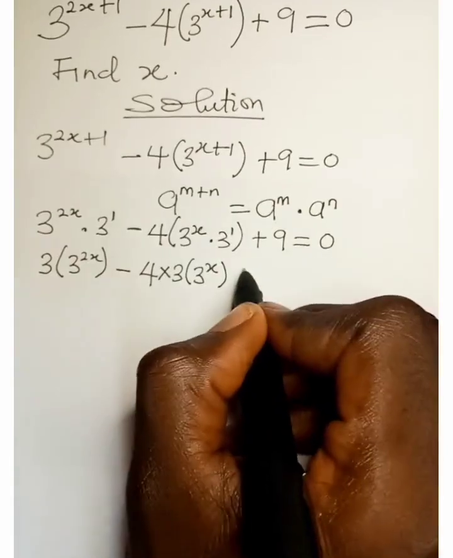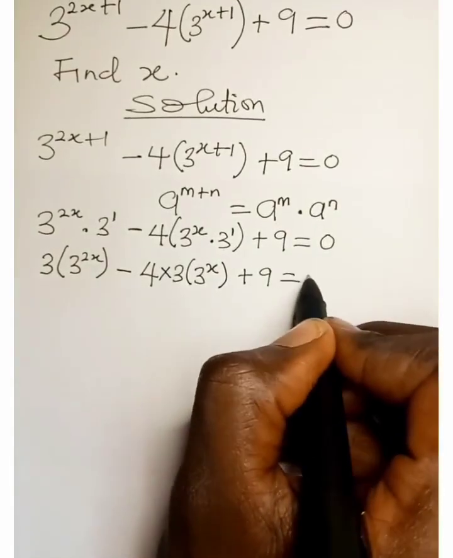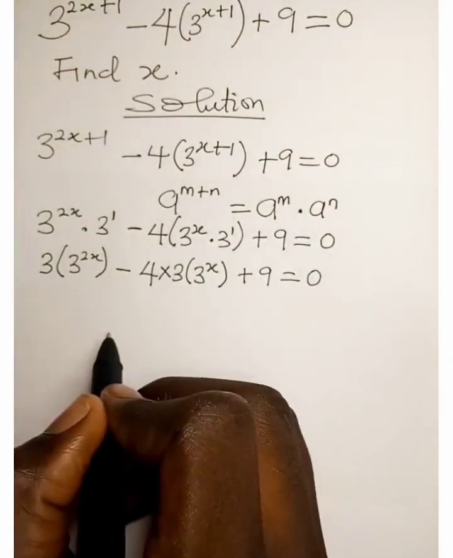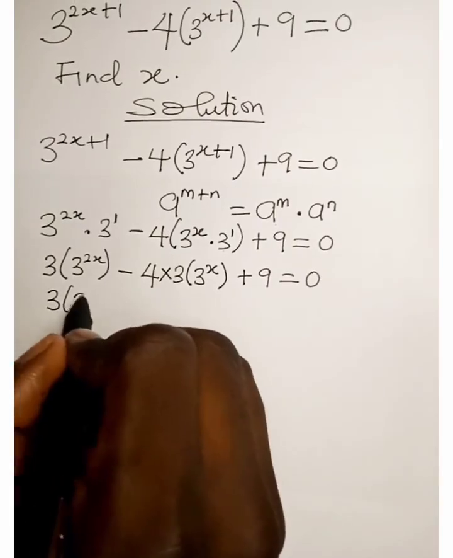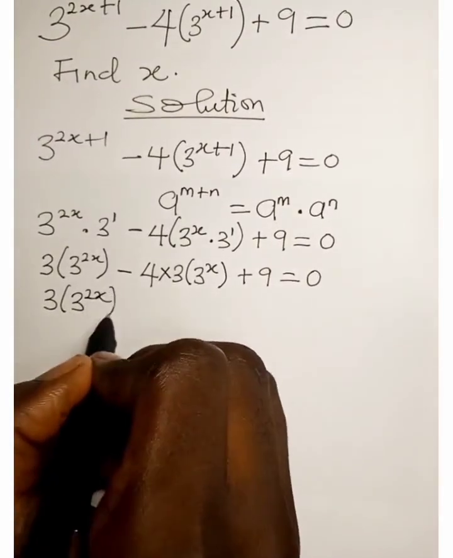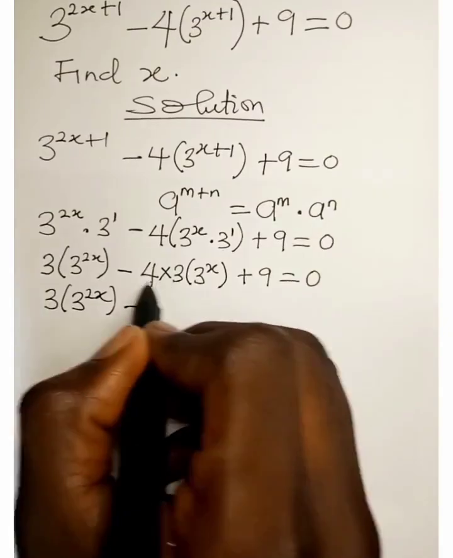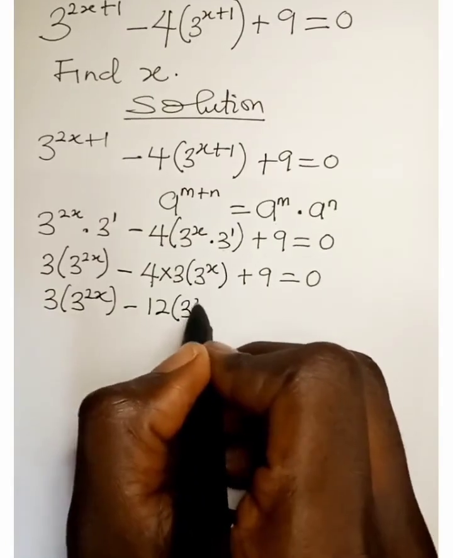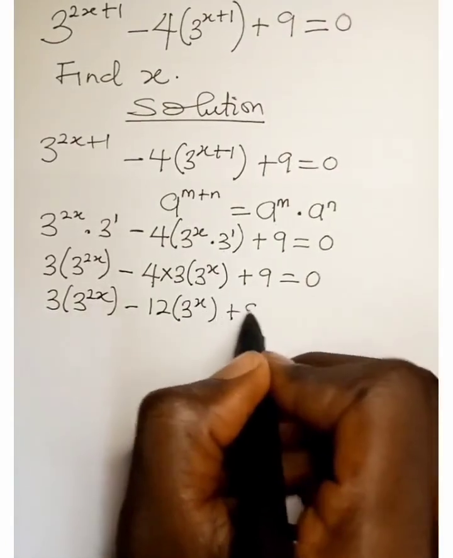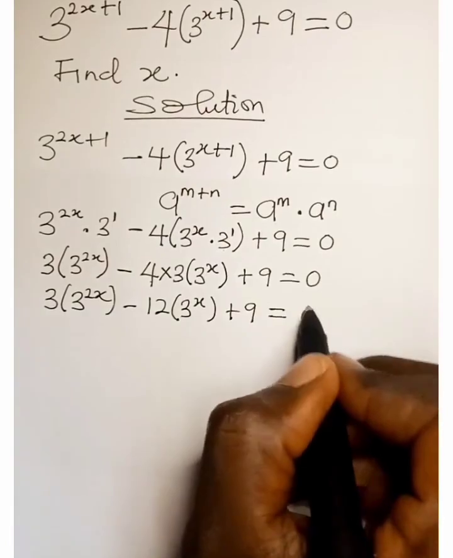Then I close the bracket plus 9 equal to 0. Then the next thing we can do, we're going to have 3 into 3 raised to power 2x minus this times this, 4 times 3 we have 12 into 3 raised to power x, plus 9 equal to 0.